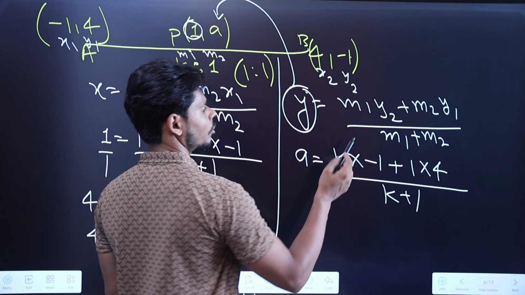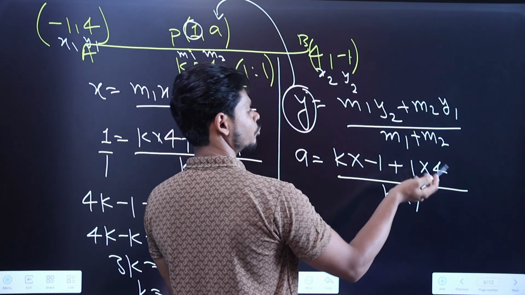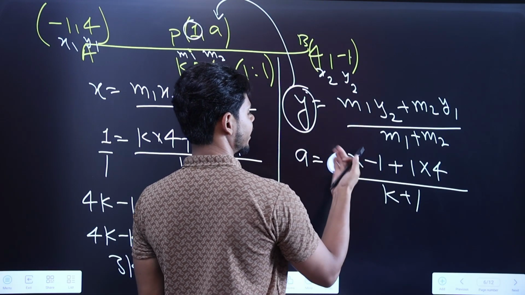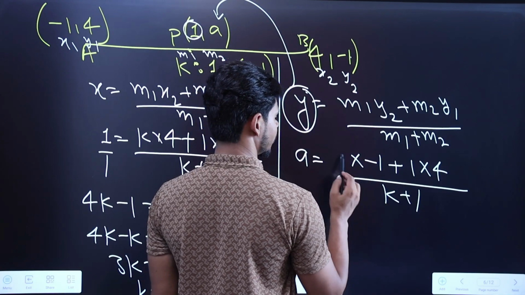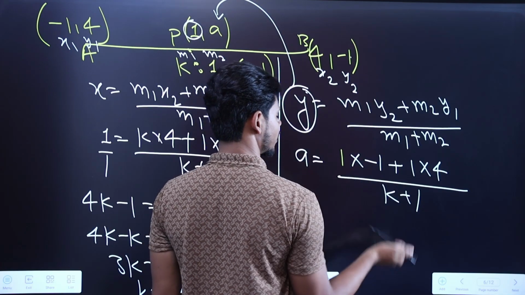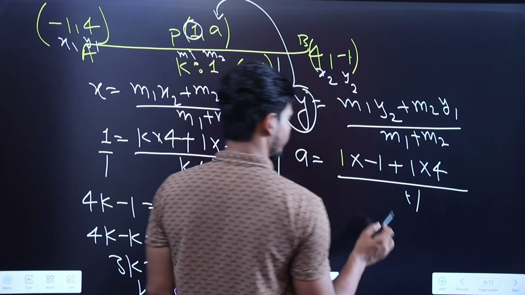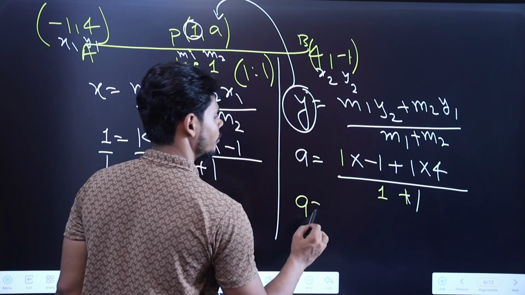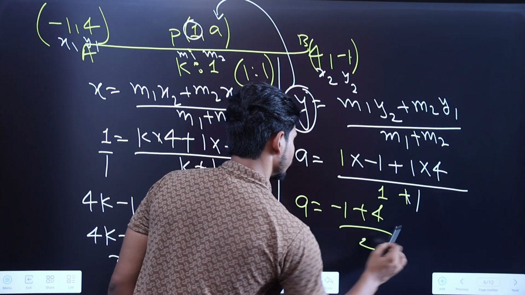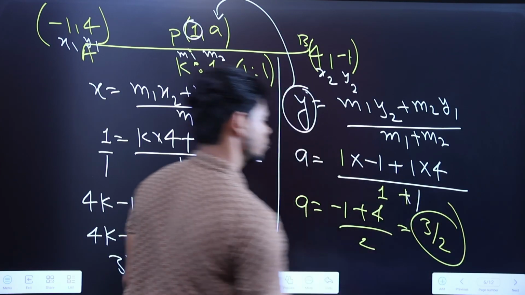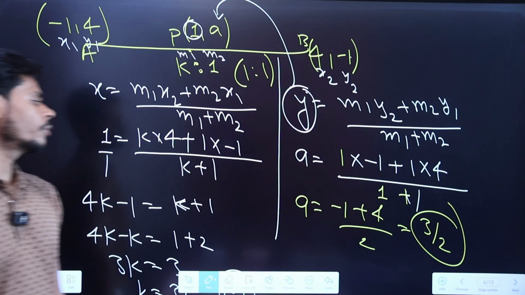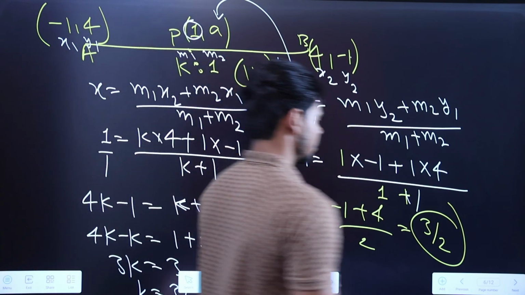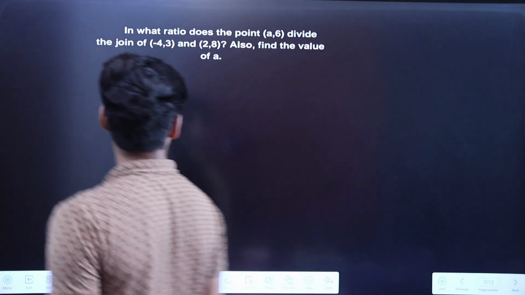Or if you already know that m1 and m2 are 1:1, you can directly substitute there. So no need to write k again, just write 1, because now we know m1 and m2 will be 1 and 1. So a will be minus 1 plus 4 divided by 2. So it is 3/2. So that's the value of a. Got it? 3/2. I hope you guys are getting it perfectly.